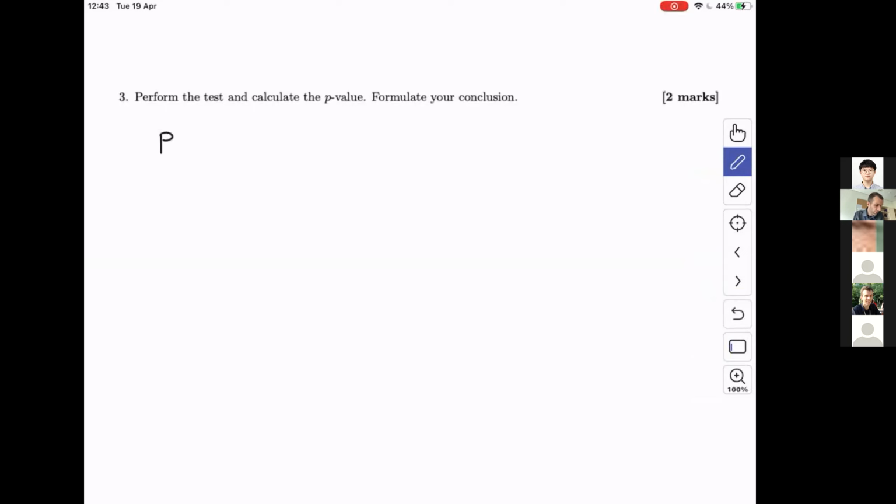So we've already ascertained that our p-value is the probability of having data that's at least as extreme as what we observe, given that the null hypothesis is true. And here we have to be a bit careful. It's a two-sided hypothesis test, so we can have that the data is less than or higher than what we see.